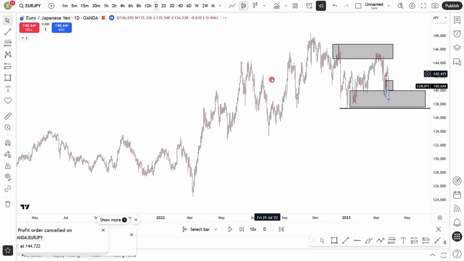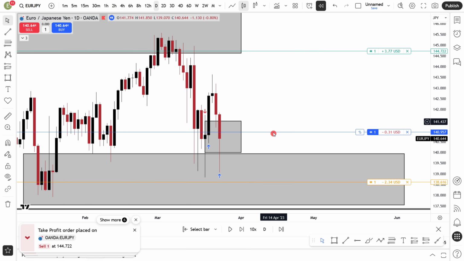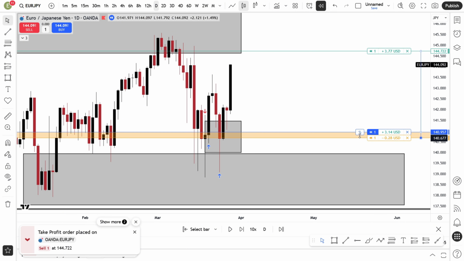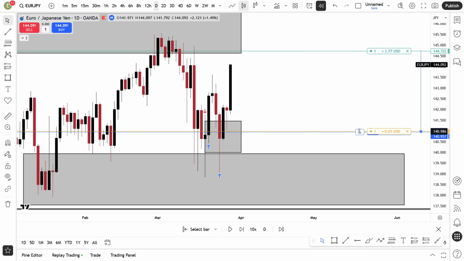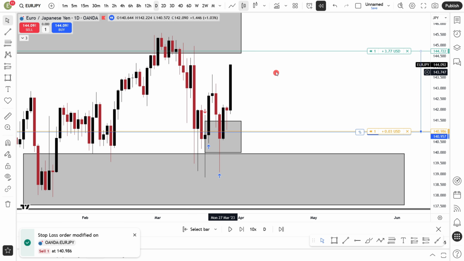Go back on the daily. Okay, this is where you'd want to move your take profit. You would want to move your stop loss and you would want to take out a certain percentage. You would want to take out 50% of your trade.